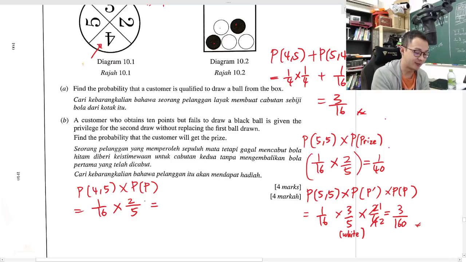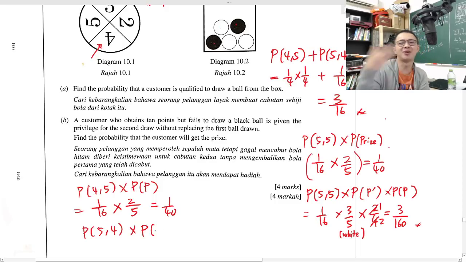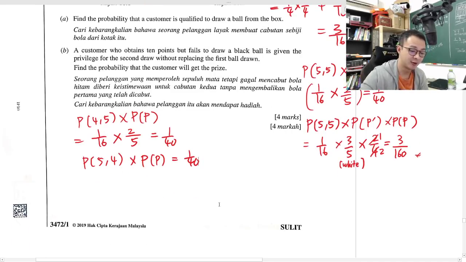So this simplifies to 1/40. The same for 5-4: I qualify and then draw a black ball. So it's another 1/40. Then I add all the possibilities here.